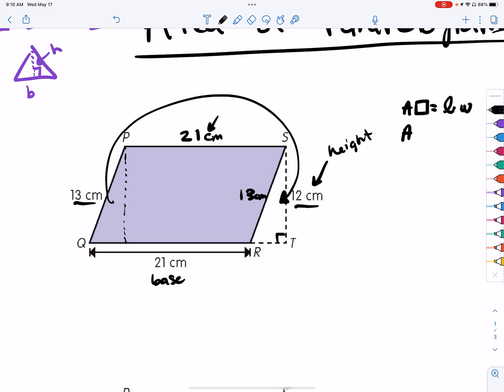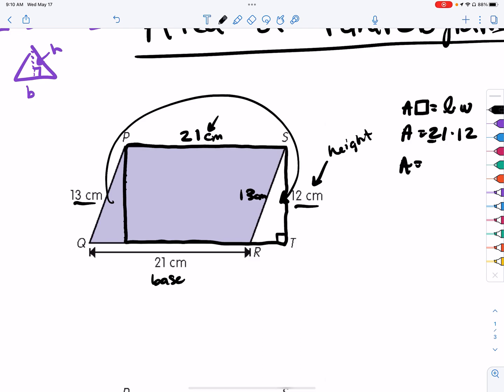So we could use 21 times the height of 12. So 21 times 12 will get us the area of that rectangle, which also seems to be the same area as that parallelogram.